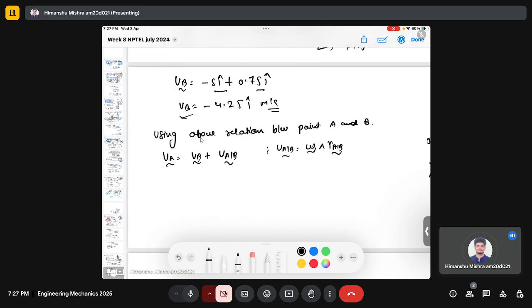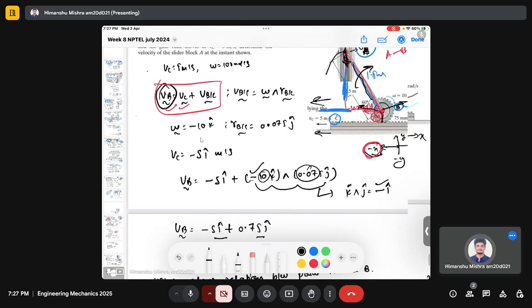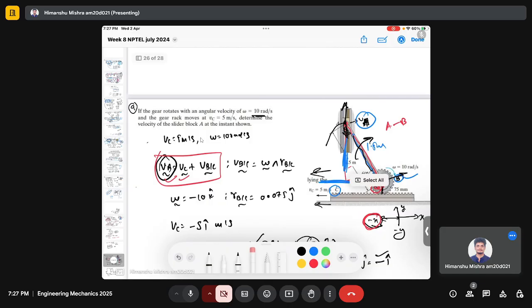And let me call this as AB. So identifying all the vectors, my position vector R will be minus 0.5 cos 60 i cap plus 0.5 sin 60 j cap, right? And this is actually based on the trigonometry, nothing very special about how we got the position vector.